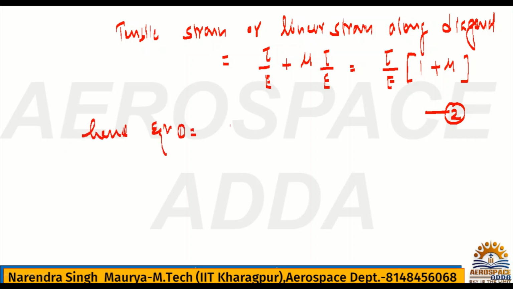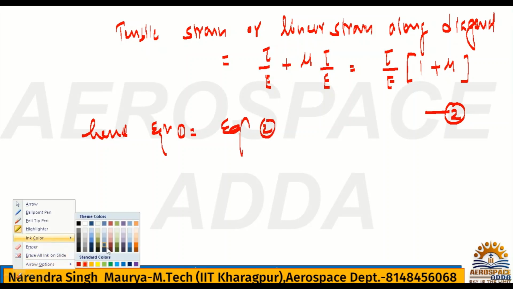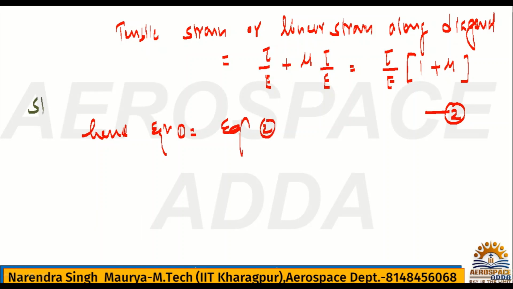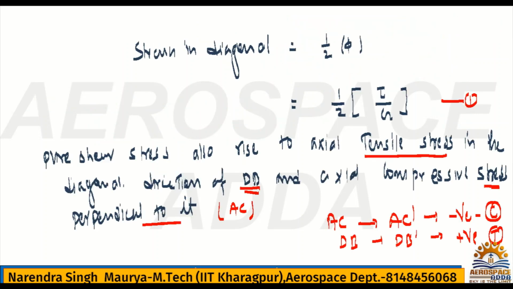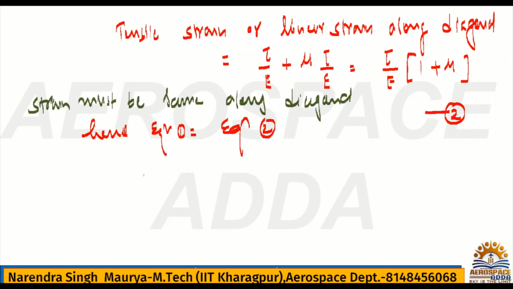Hence equation 1 is equal to equation 2. I can write here if you want. Strain must be the same along the diagonal. So from the first equation, what you got? 1 by 2 tau by G, and from the second equation, what you got?